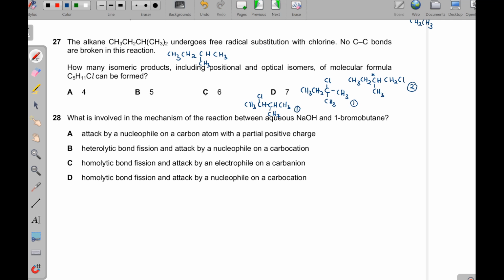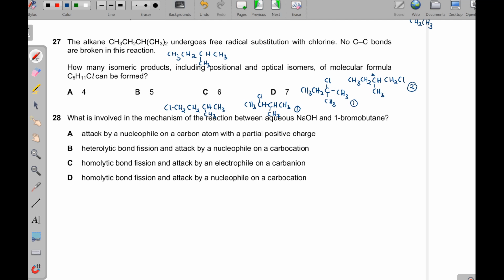Then there is a possibility of also having what? There's a possibility of having a chlorine here, not so? A chlorine here. Now let's check this one out. We shall have CH2, then with the Cl here, then CH2, CH, then CH3, and there's also CH3 here.